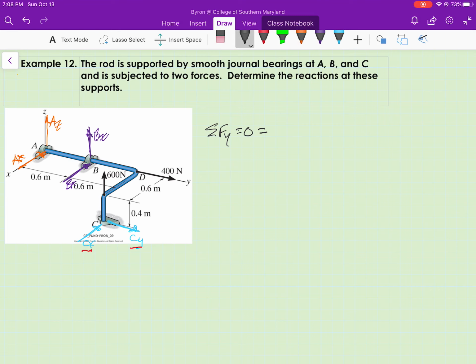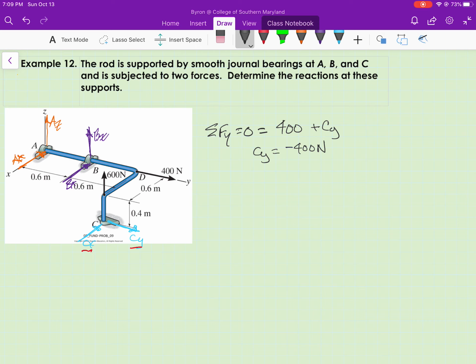Let's see if that works out here. The sum of the forces in the y direction would be a positive 400 newtons plus C sub y, the way I've drawn it. Then I solve for C sub y, and I get C sub y equals negative 400 newtons. So C sub y is actually going in the other direction.